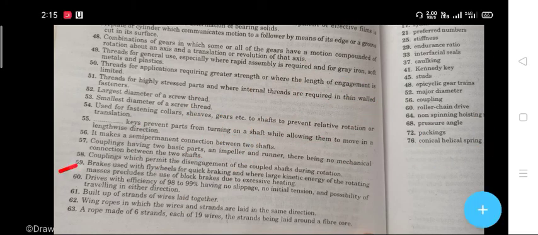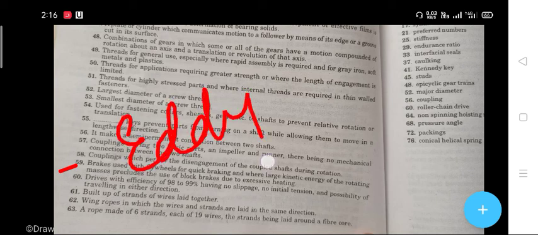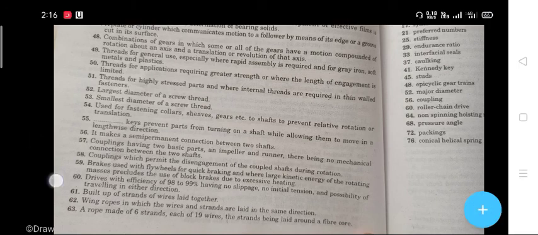Next, 59. Brakes used with a flywheel for quick braking, where the large kinetic energy of the rotating mass precludes the use of block brakes due to excessive heating. The right answer is eddy current brakes. Next question, question number 60.